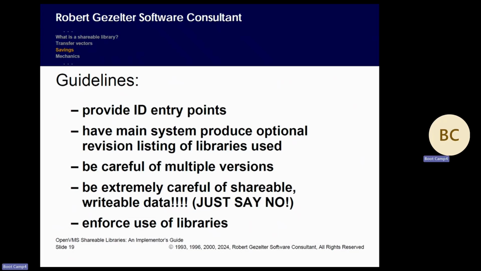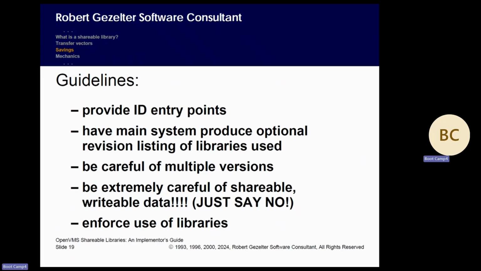This way, you can produce debugging output of which, when a program fails, you can have the program identify what versions of the shareable libraries with calls were involved. Be careful when you have multiple versions. It is easy to get confused. If you do shareable, writable data, please be very, very careful. If you don't synchronize for multiple threads, multiple processors and the like, you will be sorry.